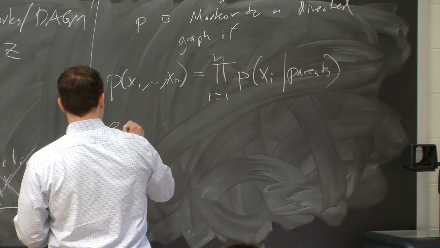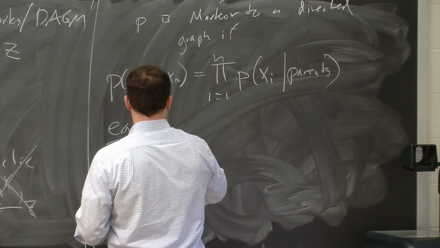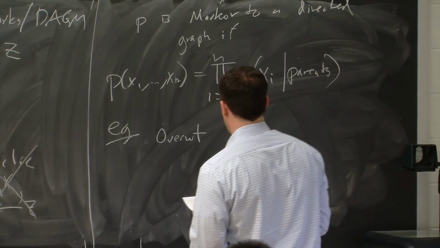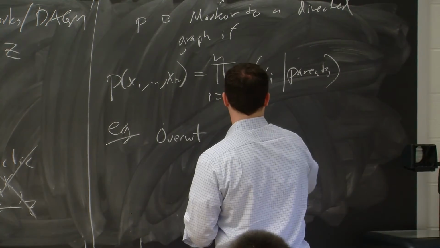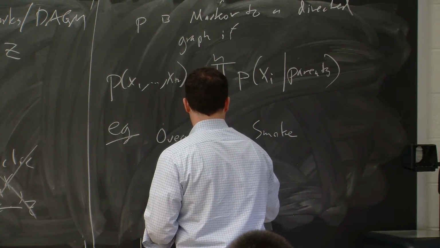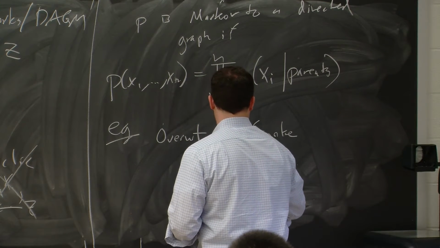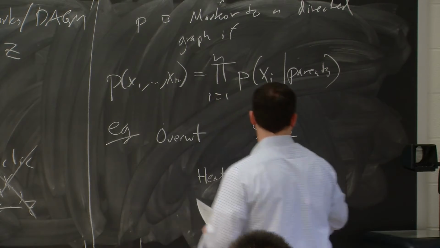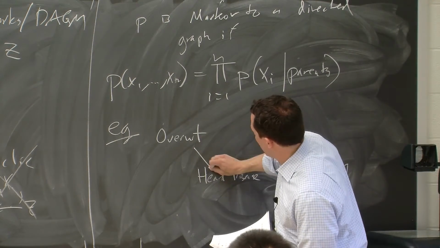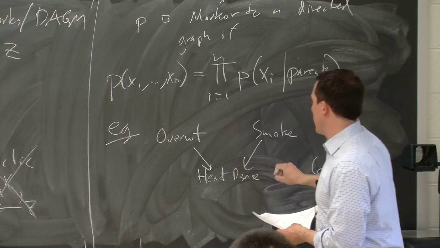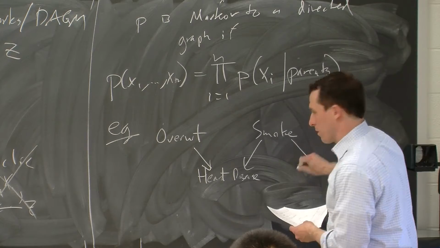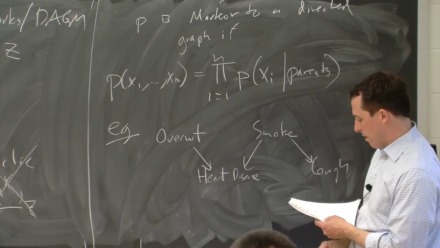So let's see an example. This is a famous smoking example. Suppose I have overweight, smoke, and I'm trying to predict heart disease and coughing. Maybe we have the model that smoking and overweight predict heart disease and smoking predicts coughing, but otherwise they're not related.